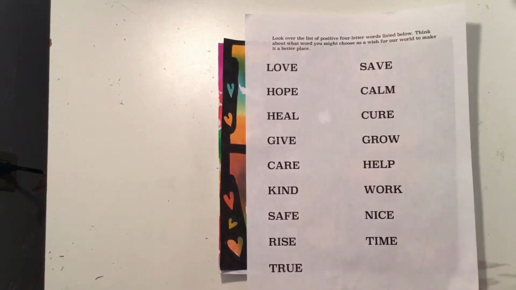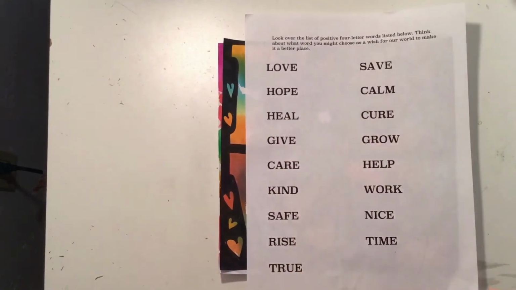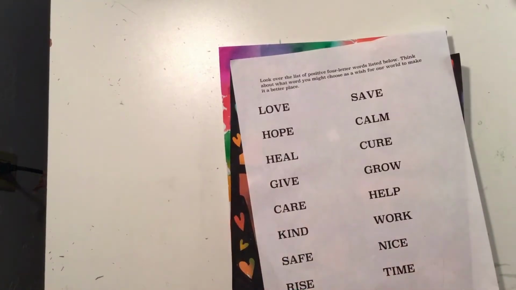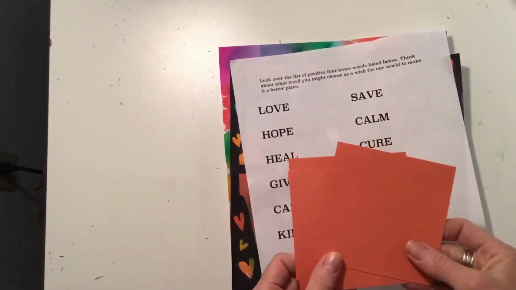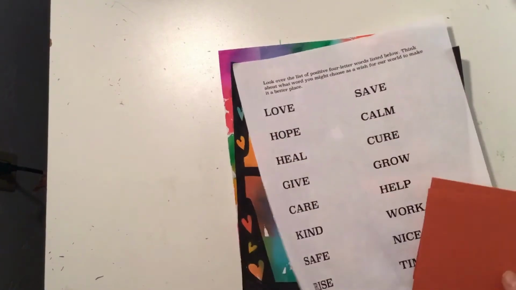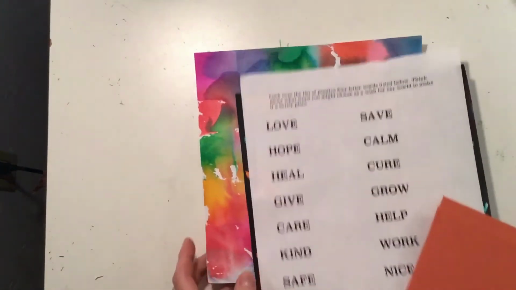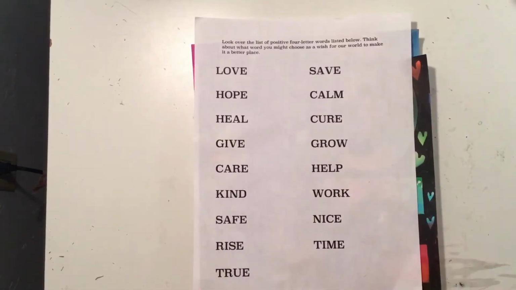What we're going to do this week is, in your packet, I gave you four squares of poster board that we are going to use to create a template for each letter on the poster board. So if you want to go ahead, grab your poster board and a pencil, and we will get started.